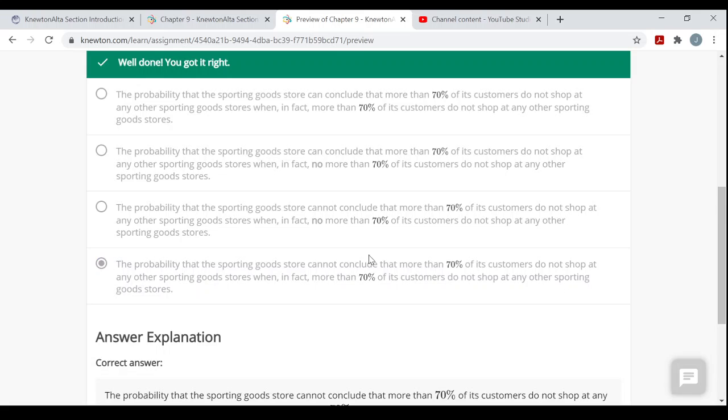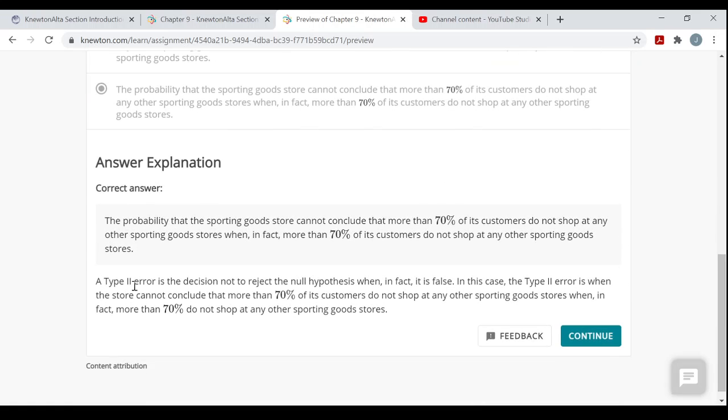Okay. So again, some weird wording there, the cans and cannots, but as long as you're getting down to the fact that a type 2 error is the decision not to reject the null hypothesis when in fact it is false. So in this case, the type 2 error is when the store doesn't conclude. Again, they're wording it in terms of the alternate hypothesis.